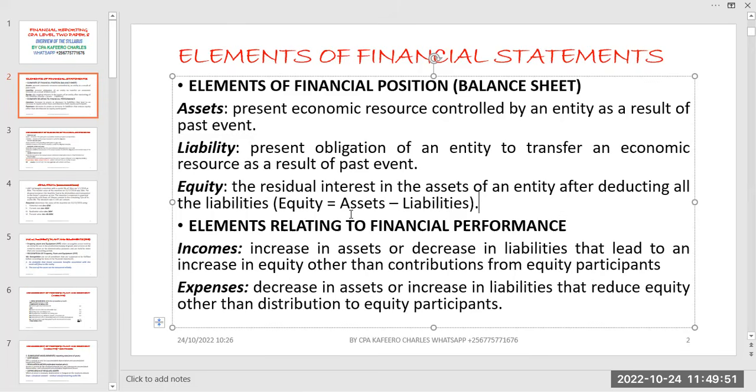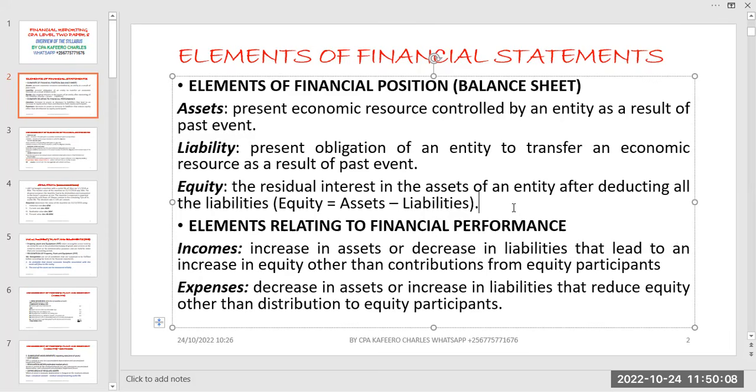And we are saying incomes are increases in assets. When assets are increasing in value, we call it income. When liabilities are reducing, we call that income also.